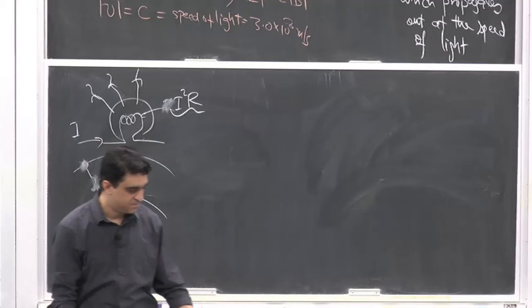But if you have a field where the electric field always oscillates along the x-axis, this electromagnetic field is polarized along the x-axis, not the z-axis.